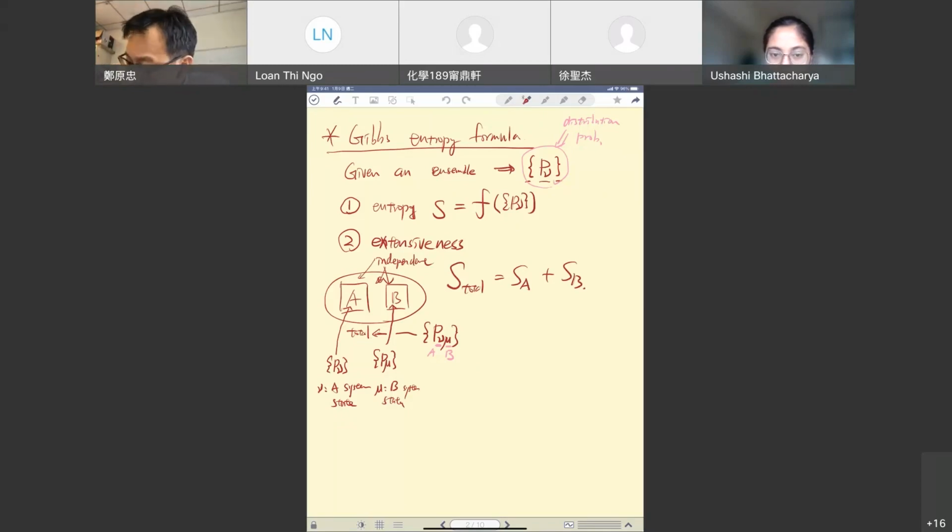So P nu mu, because they are independent, finding system A in nu state and at the same time finding system B in mu state should be just the probability of you multiply these two, because of independence.